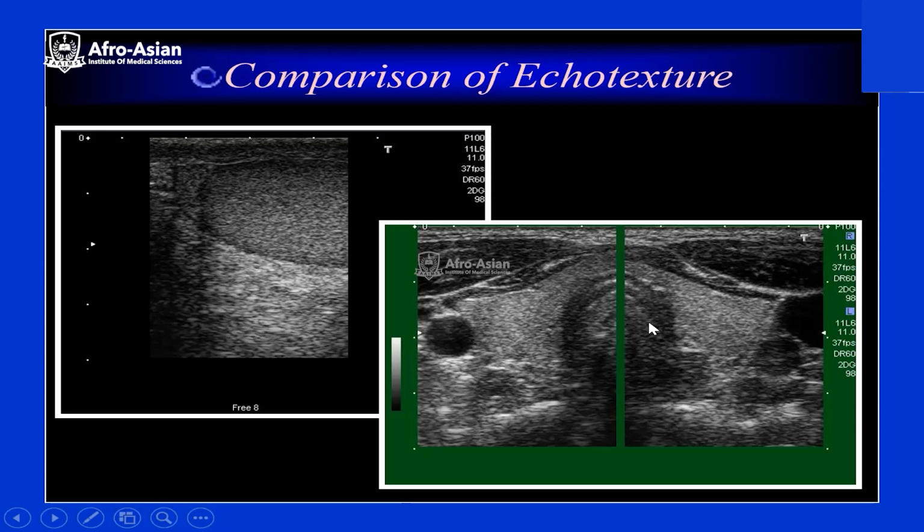This is the right lobe, left lobe of thyroid with the isthmus and trachea here. These are the carotid vessels. Then here are the muscles of neck. And when we compare the echotexture of thyroid with testicles, testicles will be relatively hypoechoic.